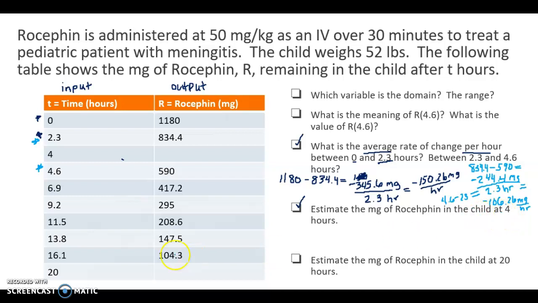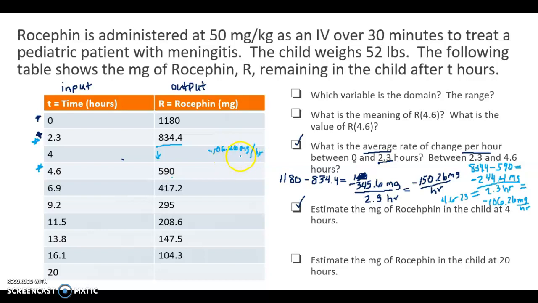So looking at my data, at the 2.3 hour mark, I know that they have 834. I know that the Rocephin is dropping, it is going down, but it doesn't go the whole way down to 590. So in this time frame, it is dropping on average, it is losing 106.26 milligrams per hour. That's what we had just calculated.